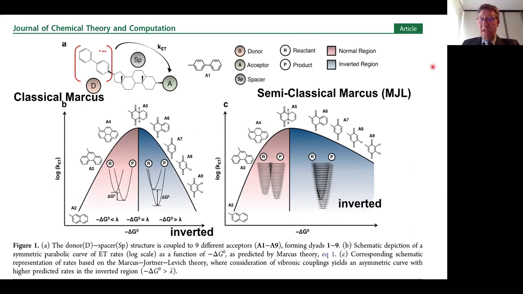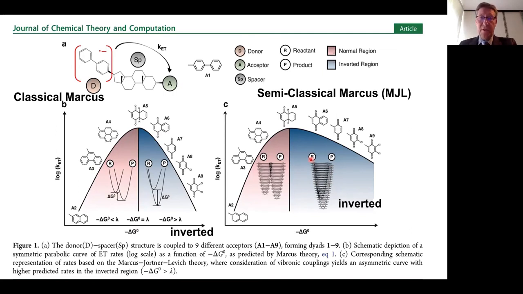So in the semi-classical approach, you see that this is the classical approach where we have a classical barrier that we really have to overcome. Now in the semi-classical approach, this implies the overlap of vibrational wave functions. So that is this Franck-Condon factor.